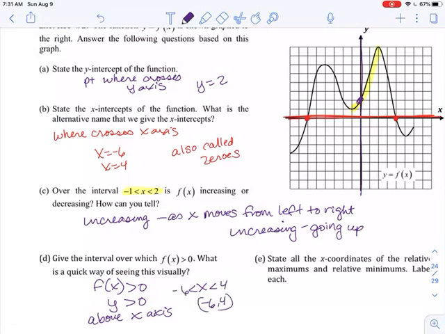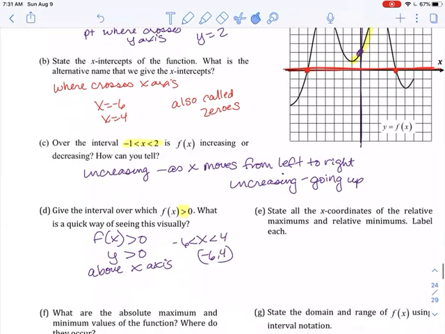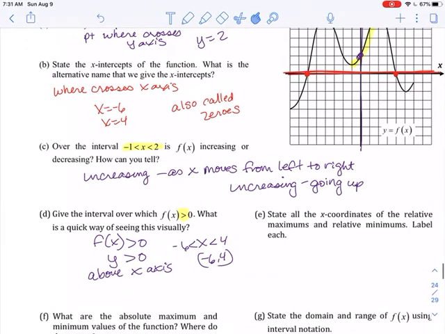If I want to write it in interval notation, I can write it like this. There are no equal signs. If you're looking at this right here, there's no equal sign, so I'm not including the -6 and I'm not including the 4. Why? Because f of -6 equals 0 and f of 4 equals 0, and I want it to be greater than 0.